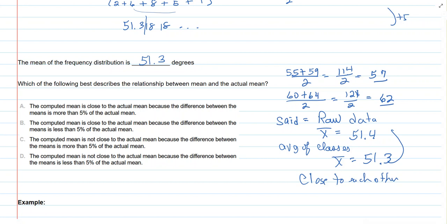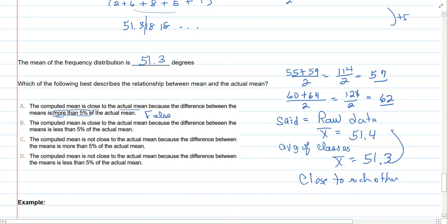The computed mean is close to the actual mean because the difference between the means is more than 5%. No, that is false. It is not more than 5%. It is very small. And the use of 5% is for those extreme areas, the closeness.